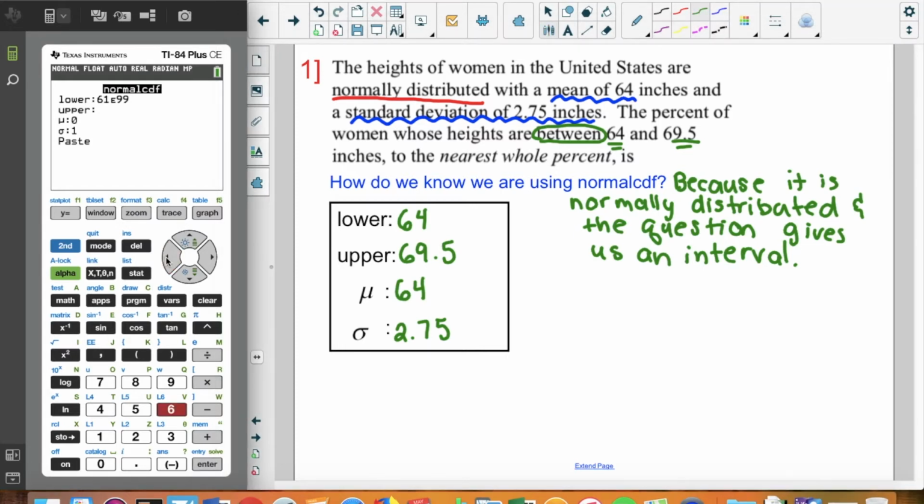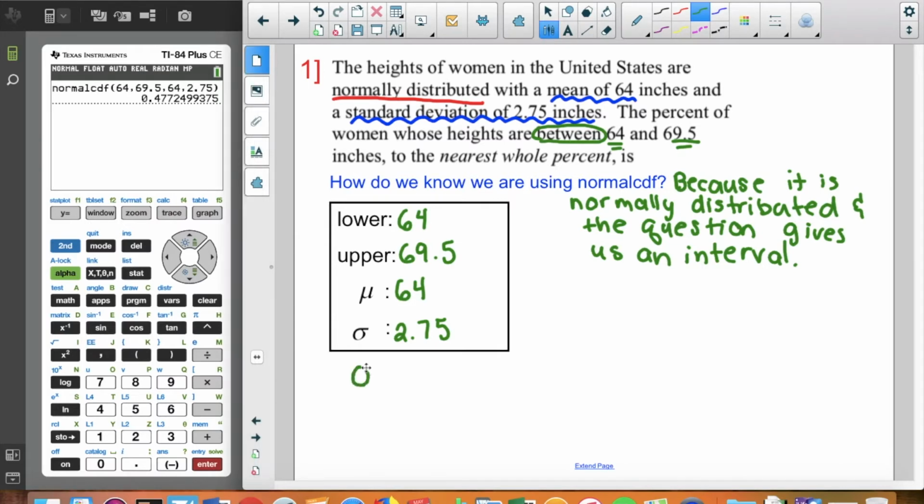So 64, clear everything out here. 64, 69.5, 64, and 2.75. Okay, now we go to paste, press enter again, and it gives us a decimal.